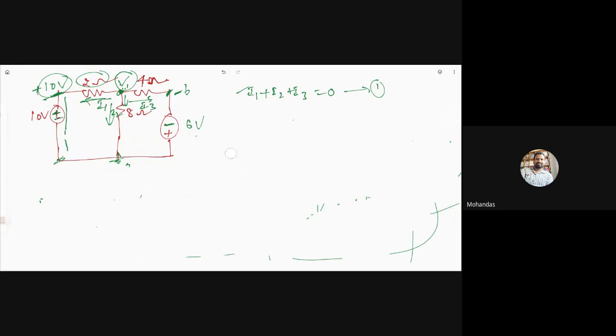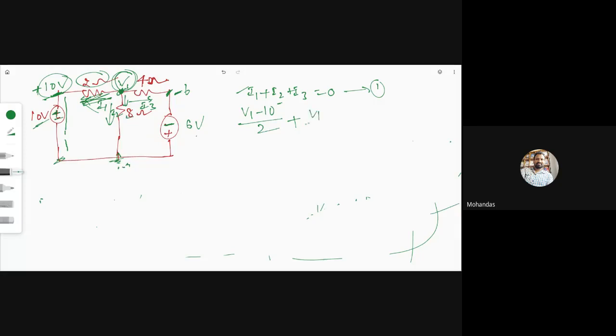Now here I am writing directly I1. What is the I1 current? V1 minus 10, potential difference. V1 minus 10 by 2. So V1 minus 10 by 2. Next, that is I1 plus what is the I2? V1 minus 0 by 8.